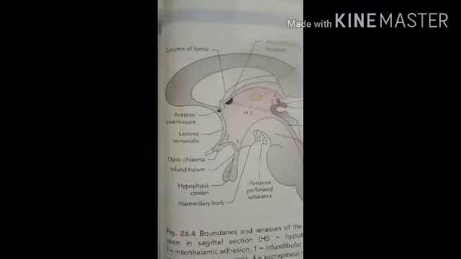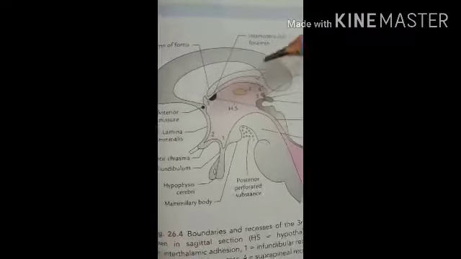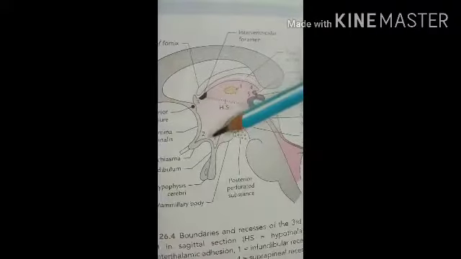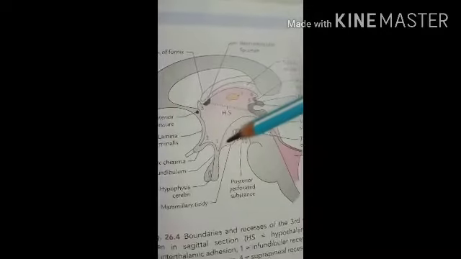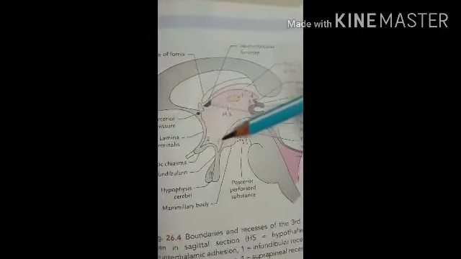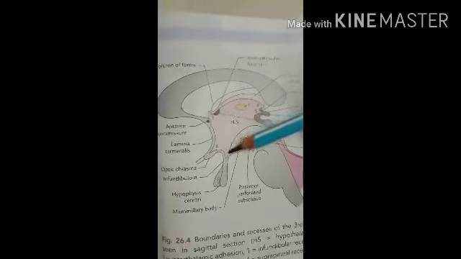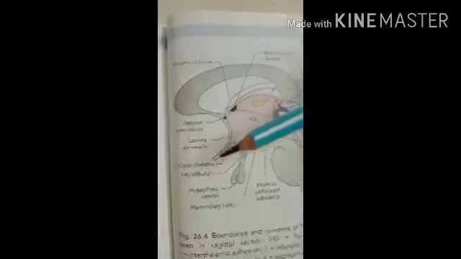First is the infundibular recess, a deep funnel-shaped recess extending downward through the tuber cinereum into the infundibulum, the stalk of the pituitary gland.